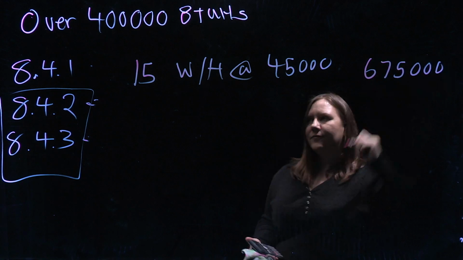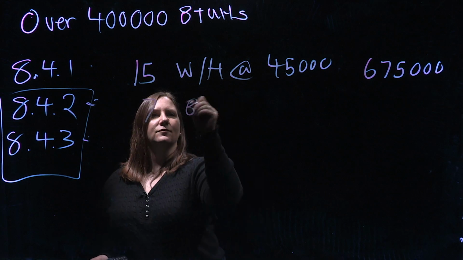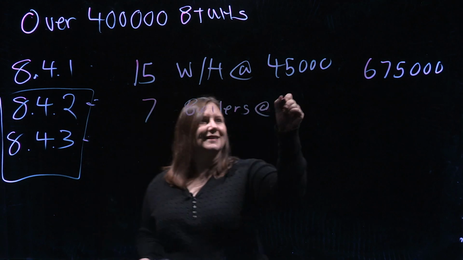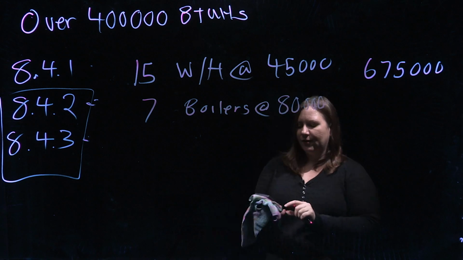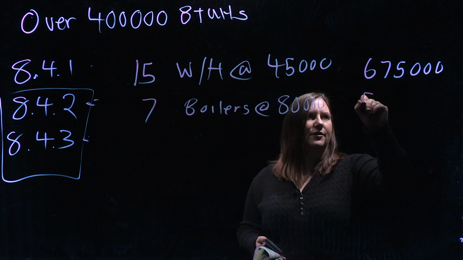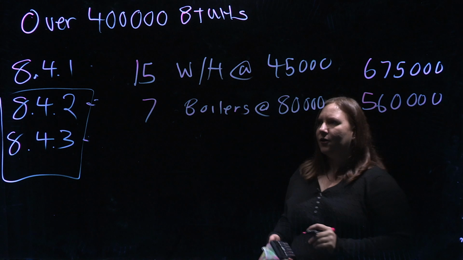But that's not all. We also have 7 boilers, and each one of those is 80,000 BTUs. All right, so I go 7 times 80,000, and it gives me 560,000. Oh, that's not all.